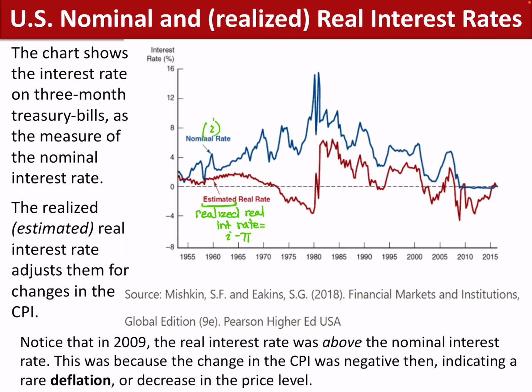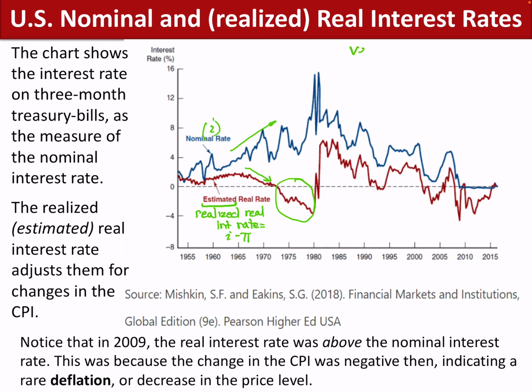So notice a couple of things. We can see in this period, say in the first part of the 1970s, nominal interest rates were on an upward trend, but during that time period, real interest rates start to drop, and for a period, they're actually negative. So what's going on there? That's going to be a reflection of increasing inflation.